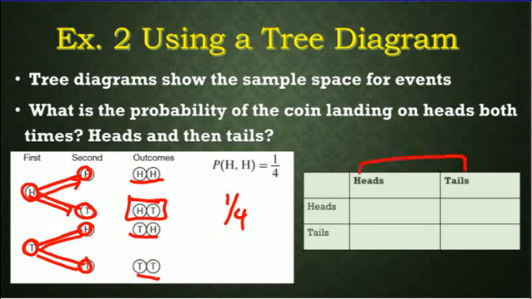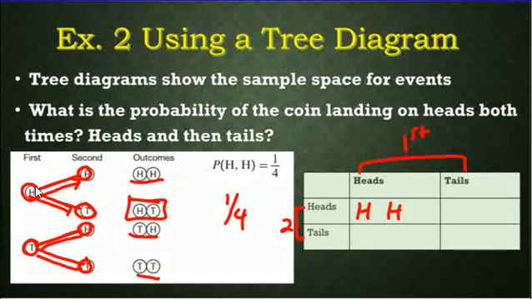If you were to do this in a table, you would just put your choices at the top right here, and then this would be your second flip. So if you got your first flip heads, your second one heads, or, well, this is our first, this is our second. So we would say this, you get tails and then heads. It switched.